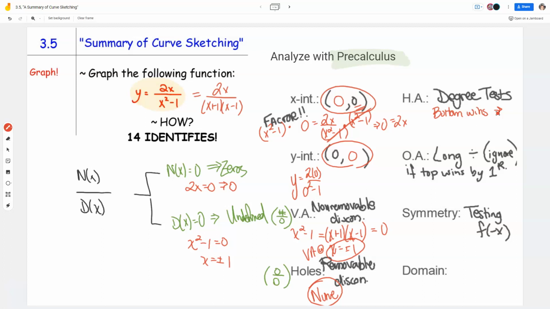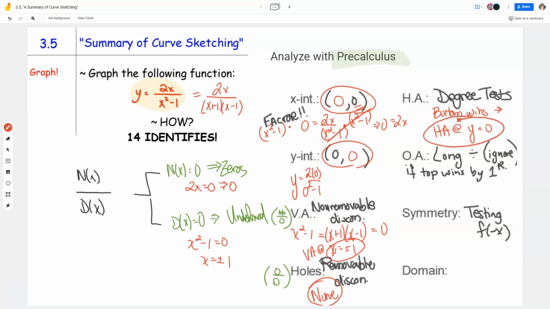If the bottom wins both directions, which with basic algebraic polynomial stuff, not necessarily e's or sines or ln's, just basic algebraic numerators and denominators with x's, if it wins one way, it'll win the other way. The bottom wins, my entire function is going to 0, so I have a horizontal asymptote at 0.